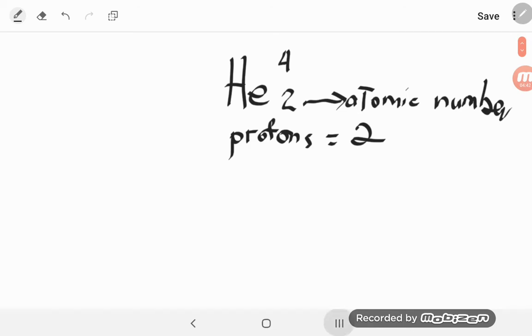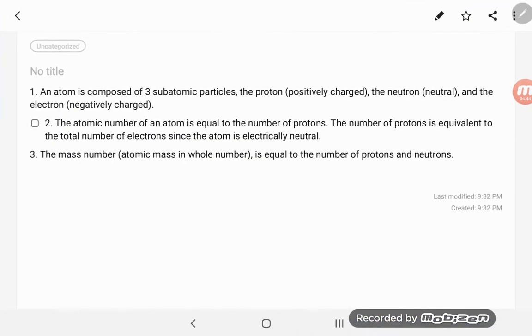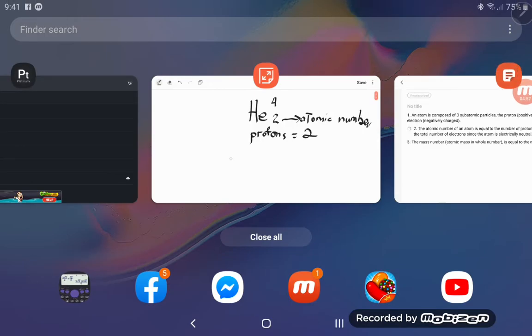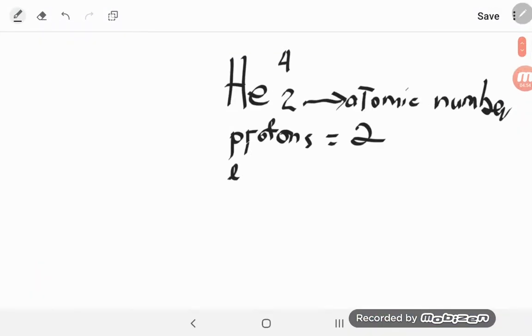Let's go back again to the basic concepts. The number of protons is equivalent to the total number of electrons since the atom is electrically neutral. And that gives us also the number of electrons. The number of electrons will also be 2. Since the atom is electrically neutral, it has the same number of protons and electrons.